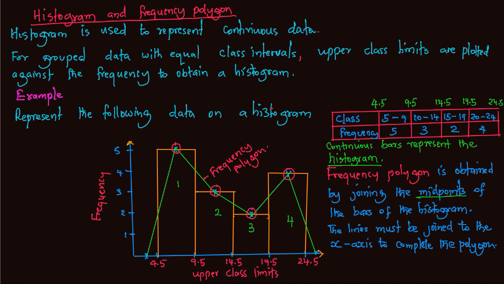They are joined using a straight line, and the last midpoint in each case is joined to the x-axis at both ends to complete the polygon.